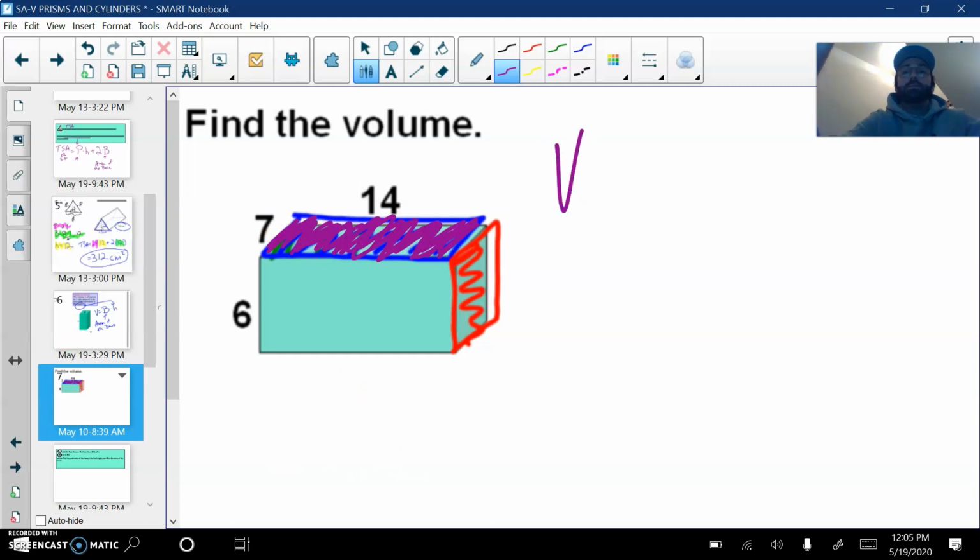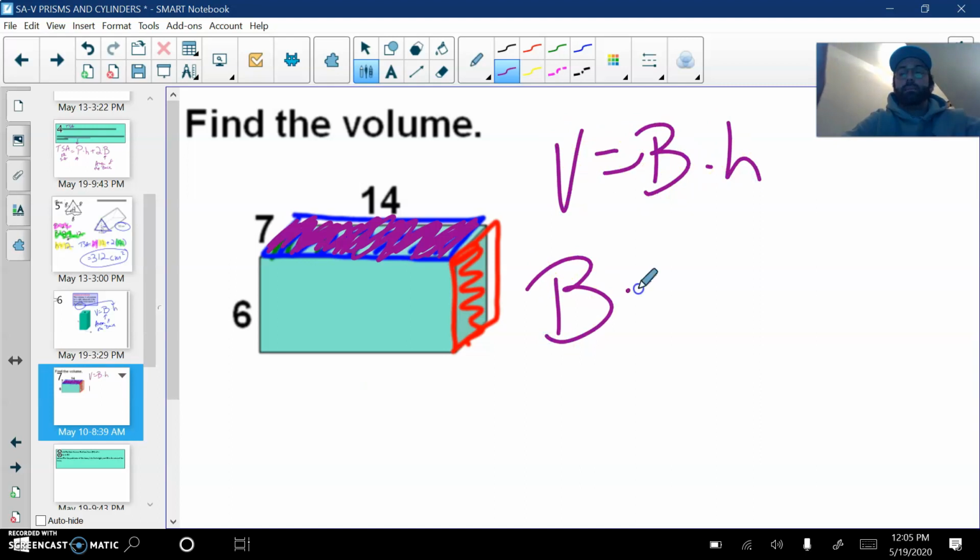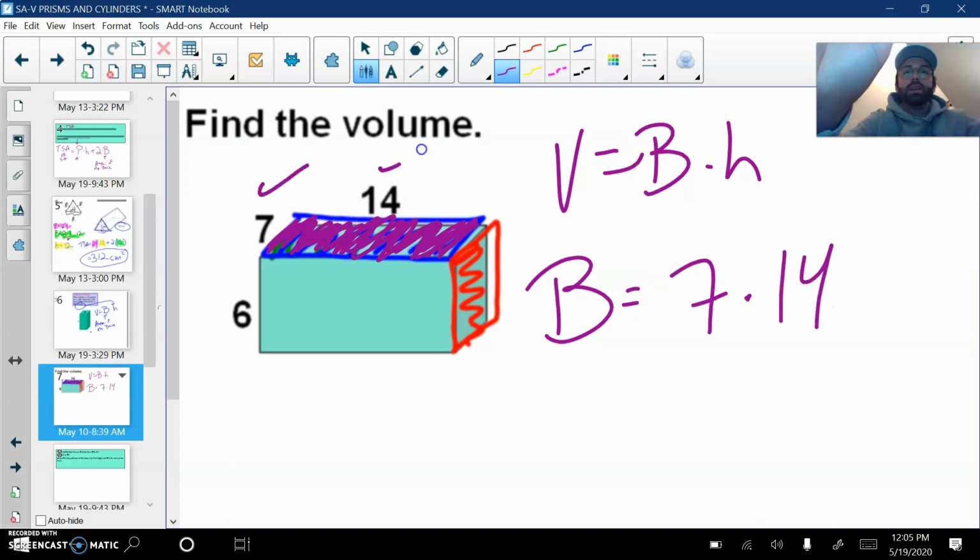So to find the volume, it's the area of the base times the height. Well, let's find the area of the base, a capital B. How do I find that? 7 times 14. Well, I use the 7, I use the 14. What's left over? The 6. Uh-oh. So let's find the volume of the entire thing.